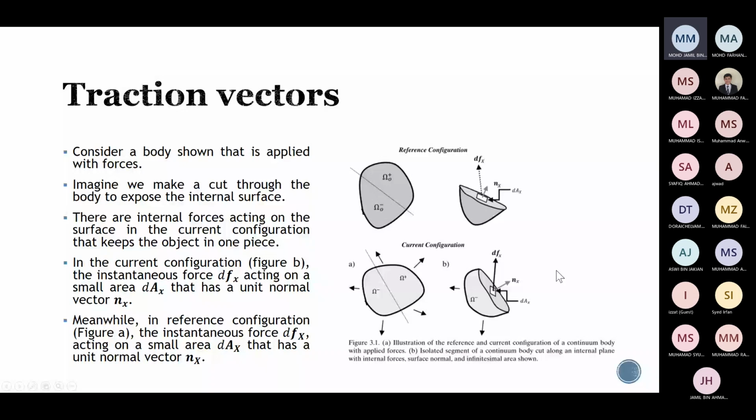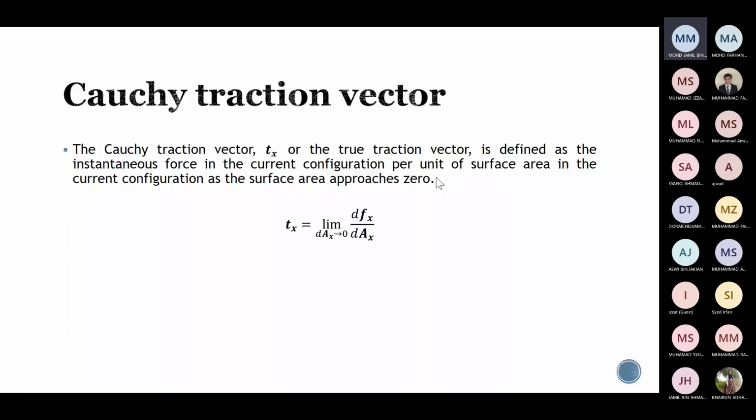So because there are two kinds of force and area after deformation, we can define different kinds of stress depending on which force and which area we are going to use. So the first traction vector is known as the Cauchy traction vector.